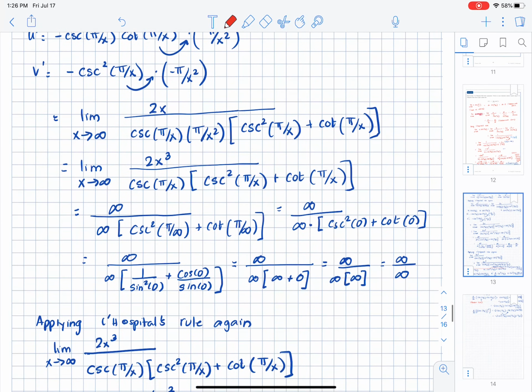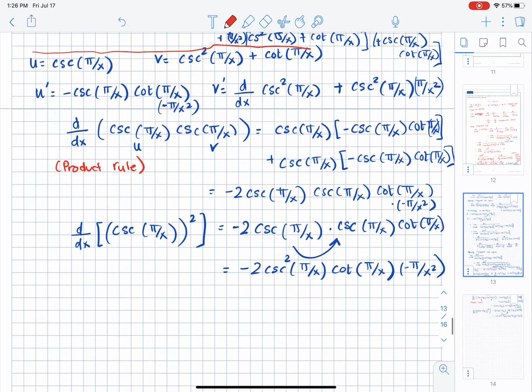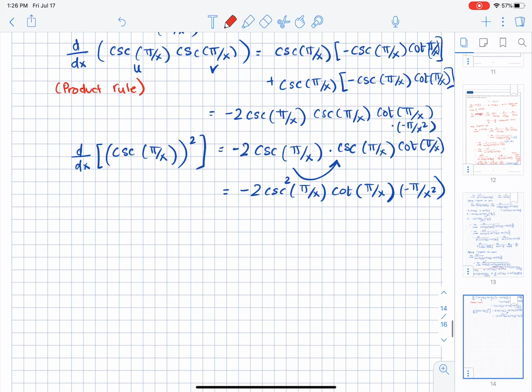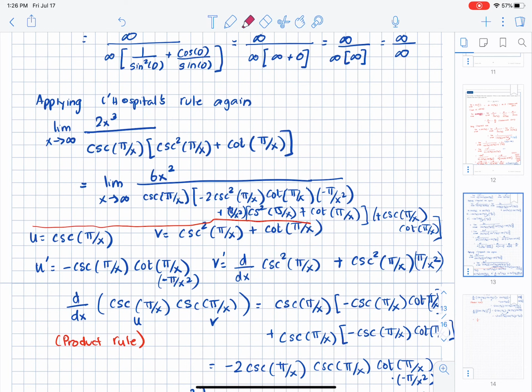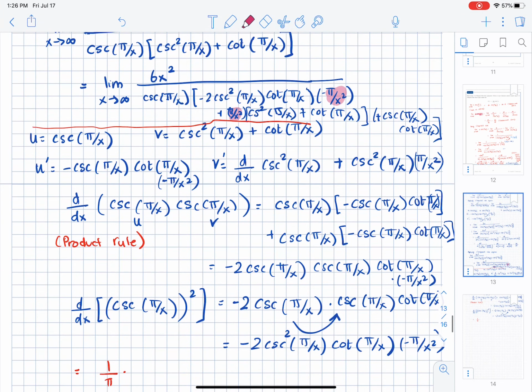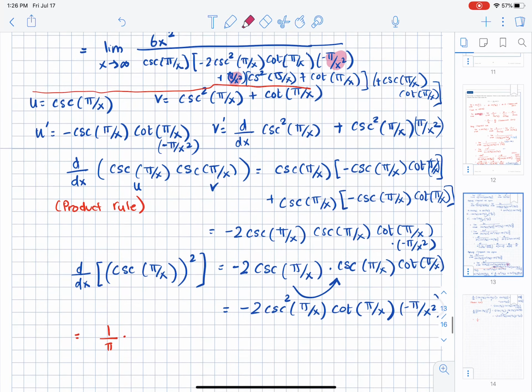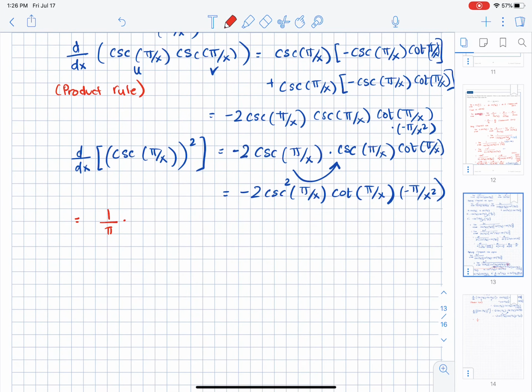And earlier we had a pi in the denominator before we applied the limit. So we have that pi already. So we'd have 1 over pi times pi over x squared, the negative. Move that to the numerator, you will have x raised to 4 divided by pi.